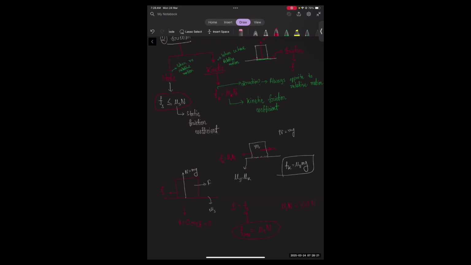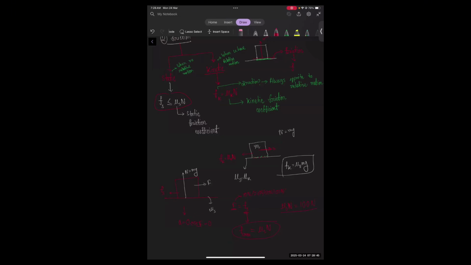100 newtons. Then I apply force F. When I'm applying 10 newtons of force, the friction force is 10 newtons. I'm applying 20 newtons, the friction force is 20 newtons. I'm applying 50 newtons, the friction force is 50 newtons. I'm applying 100 newtons, the friction force is still 100 newtons.